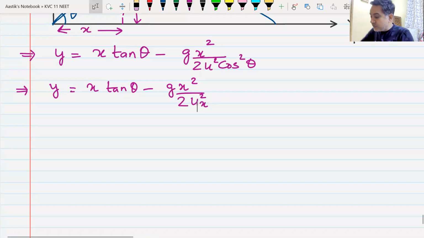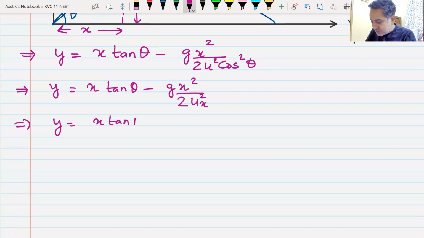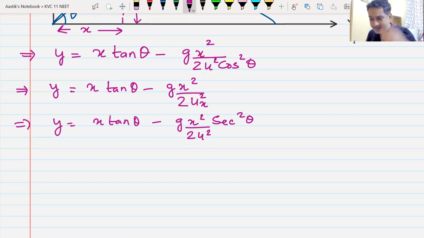Let us look for more ways of writing the same thing. Y is equal to x tan theta minus gx square by 2 times u square into sec square theta. 1 by cos square theta is sec square theta. So I can write it like this.